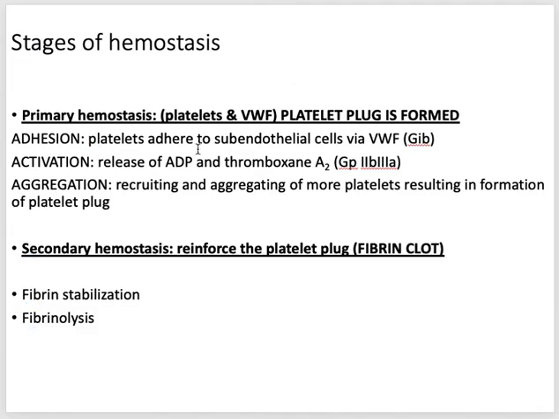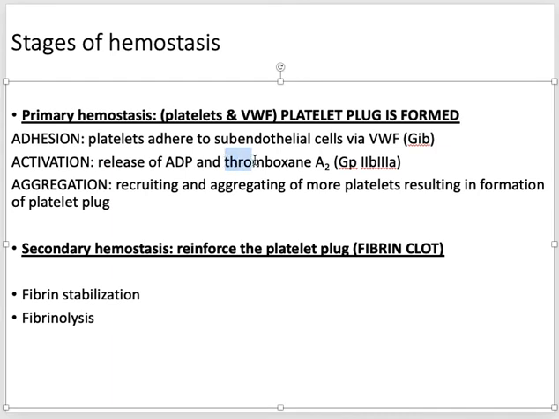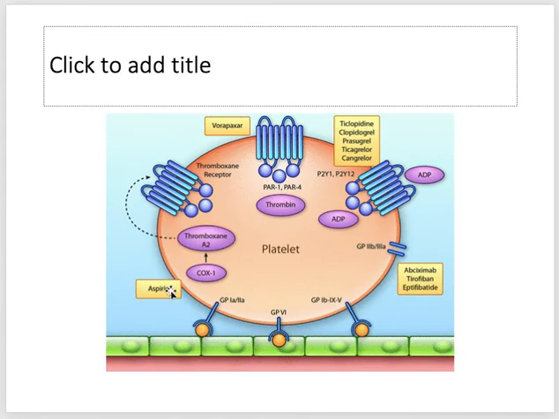If you remember, what is needed here for activation? Thromboxane A2, right? So whenever we give aspirin, this one is blocked. This one is blocked by abciximab. This one is blocked by ticlopidine. So that's why the medications are used in this.